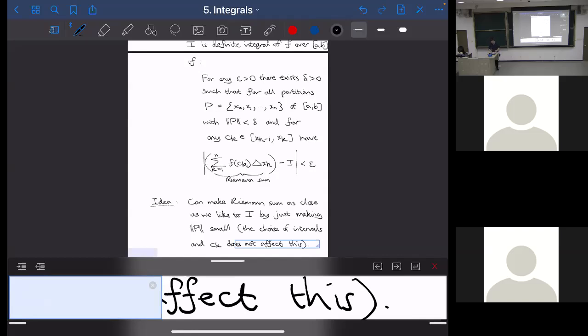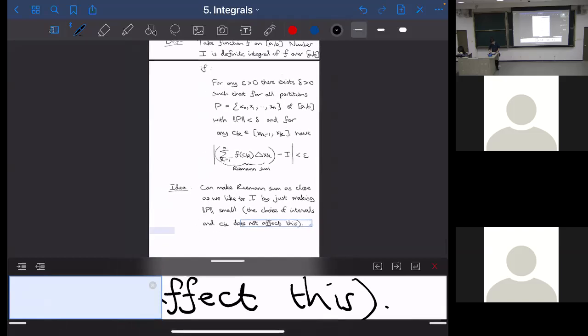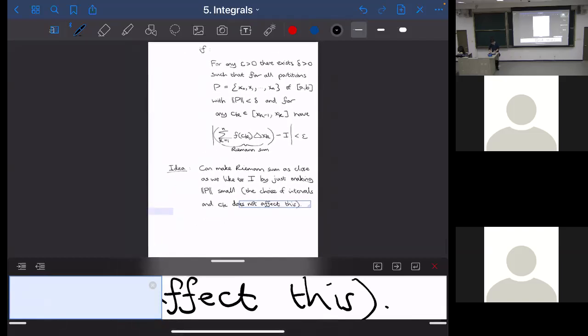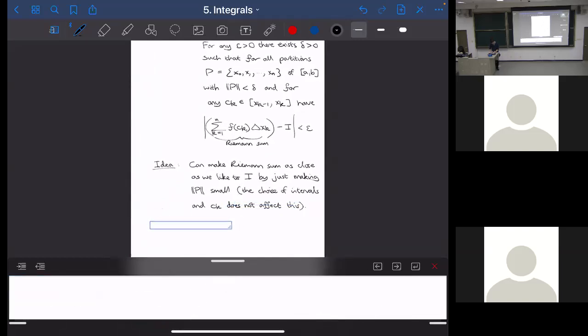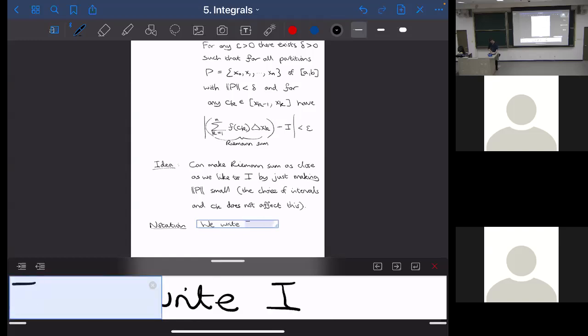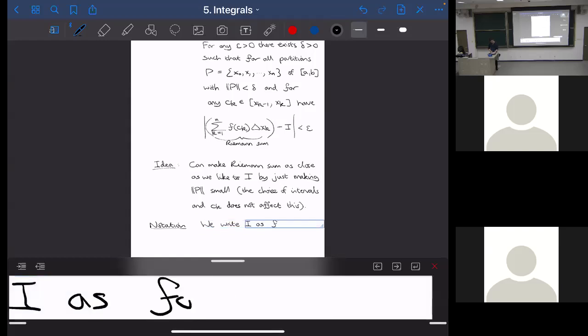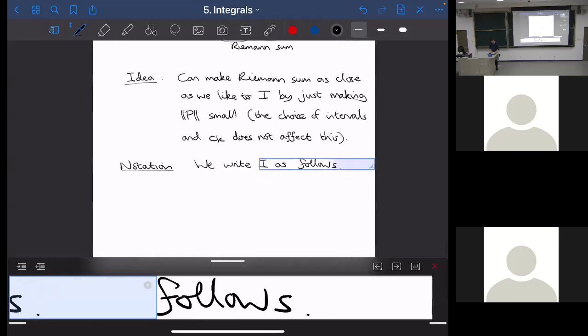Now let's give some notation. We have a special notation for I, which has been around for a long time.